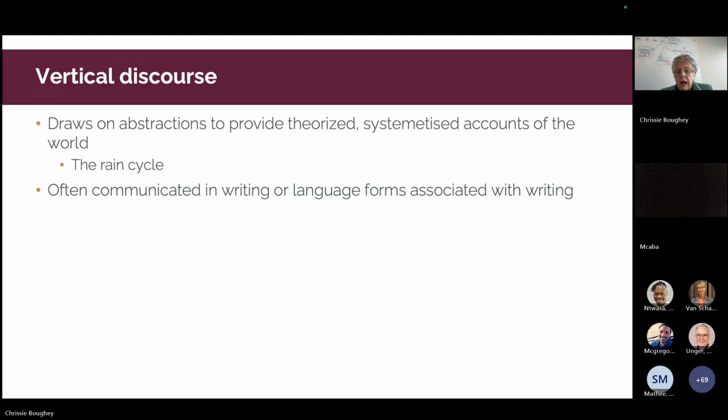And it's powerful because of this idea that it will explain rainfall everywhere. And it's the stuff of formal education. It's also the stuff of some homes. So if you're an educated caregiver with children yourself, then you're more likely to use this way of talking about the world in your home, and you will expose the children in your home to that.